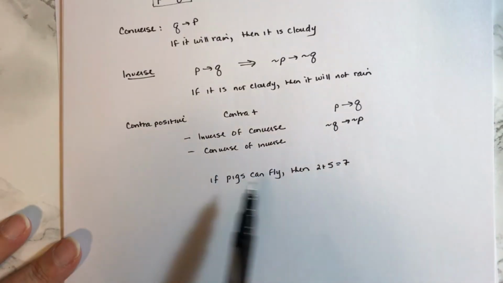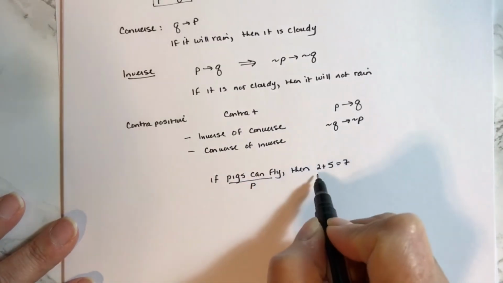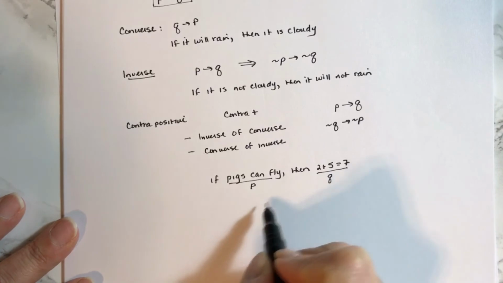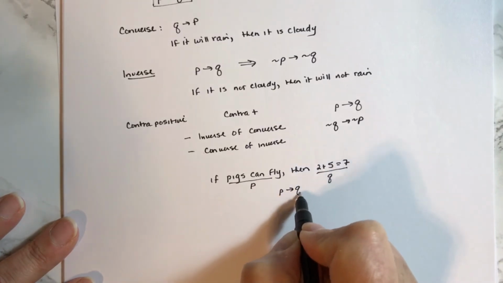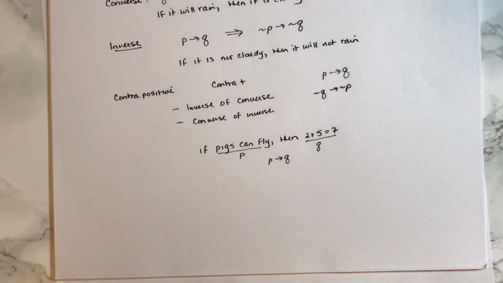Okay? It's an if-then statement. This is my hypothesis, which I'm going to call P. This is my conclusion. I'm going to call that Q. And symbolically, I know it looks like this, even though it seems like a very silly thing. This is number 15 on page 109 of your book. Okay, so if pigs can fly, then 2 plus 5 is equal to 7.